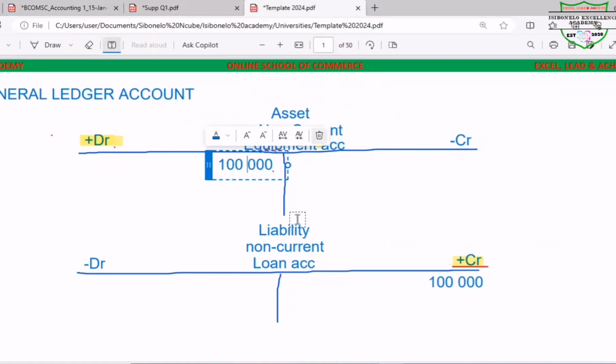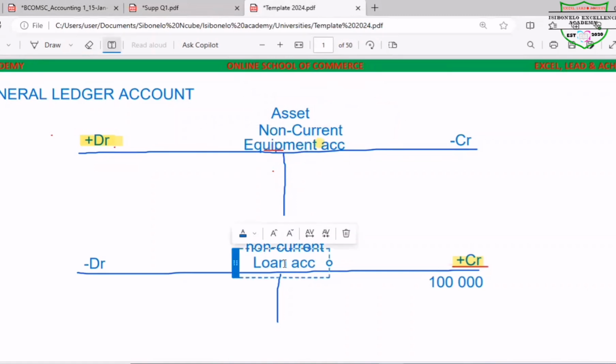And then the second account affected is the creditors account, because we have purchased the equipment on credit. So we are still owing. We haven't paid for the equipment. And the creditors account is a liability account.